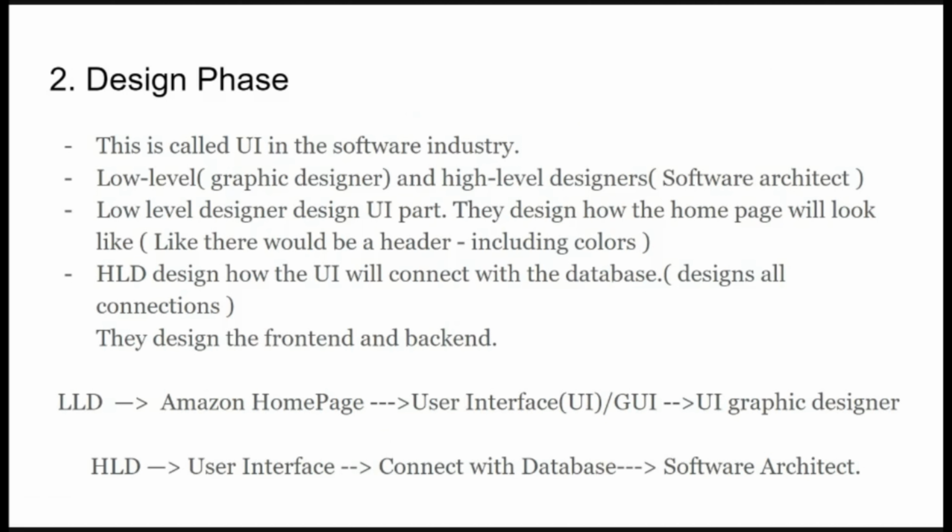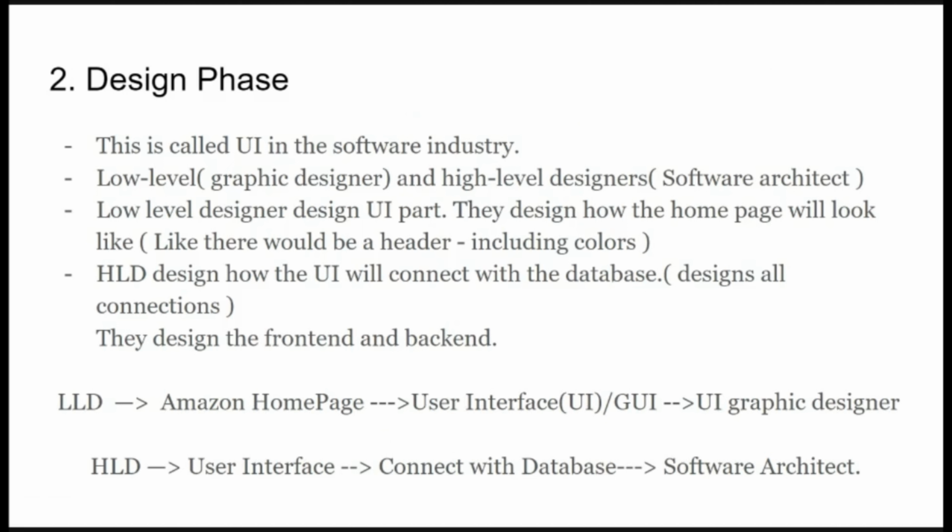Basically, the design phase is called UI in the software industry. We have two types of designers: low-level designer and high-level designer. What is a low-level designer? A low-level designer is basically a graphic designer, and a high-level designer is basically a software architect.